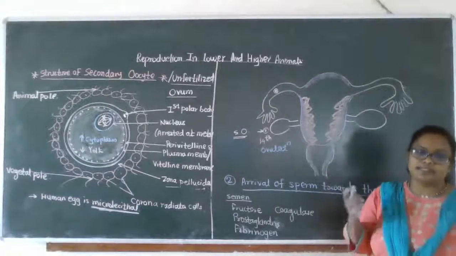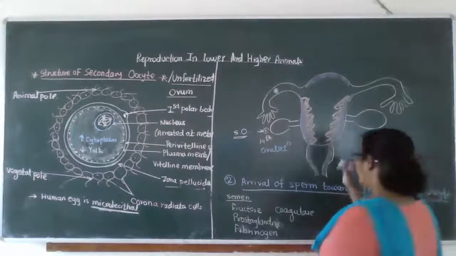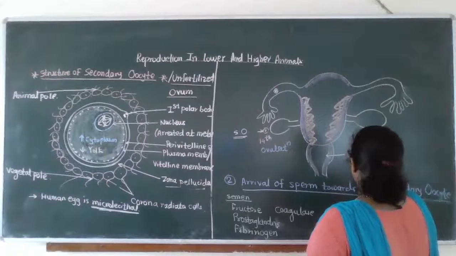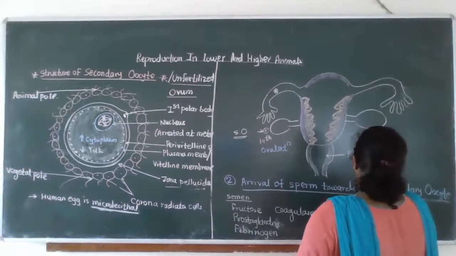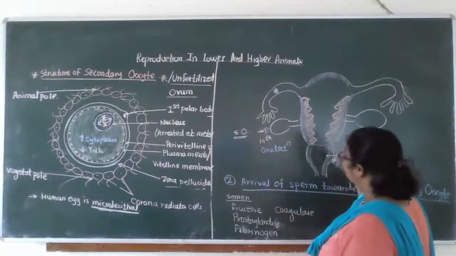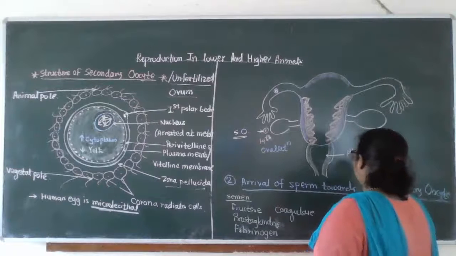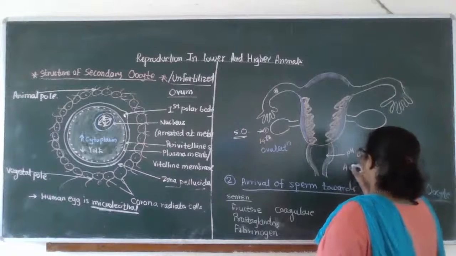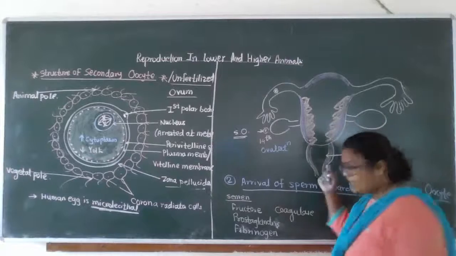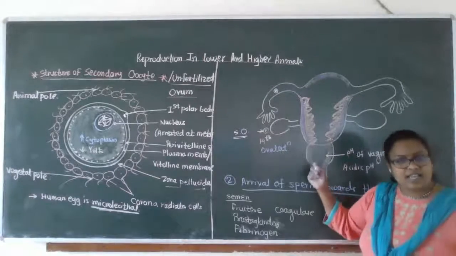As you know, what are the obstacles in fertilization? The first obstacle is the pH of the vagina. The vagina is too acidic, so the atmosphere in the vagina is acidic.